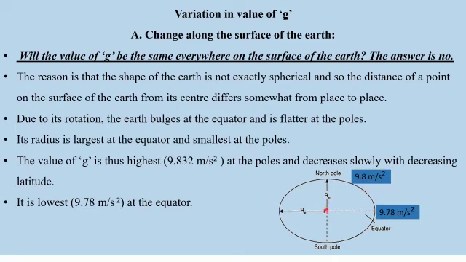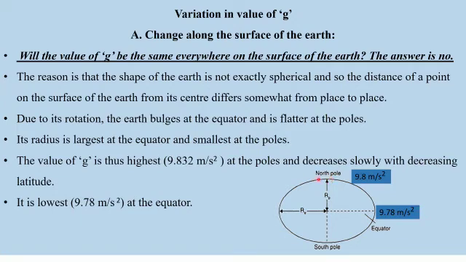Now, if we see the radius of the Earth from the center to the poles, we find that this distance is smaller as compared to the distance from the center to the equator. So we find that the radius of the Earth is largest at the equator and smallest at the poles.